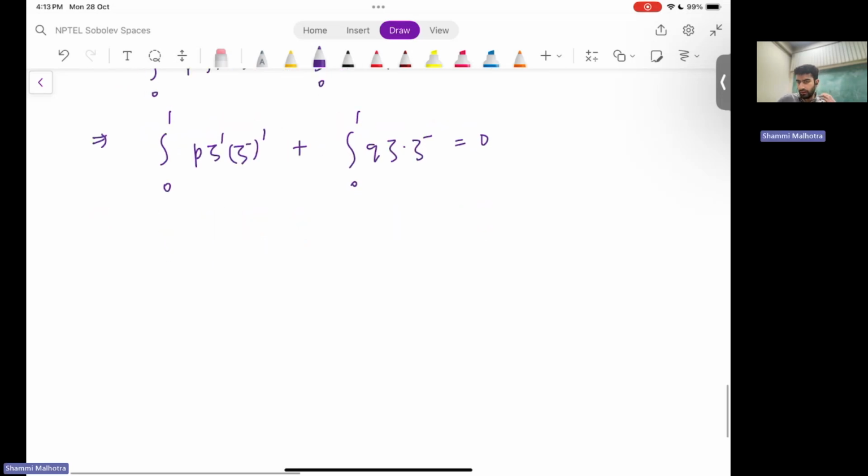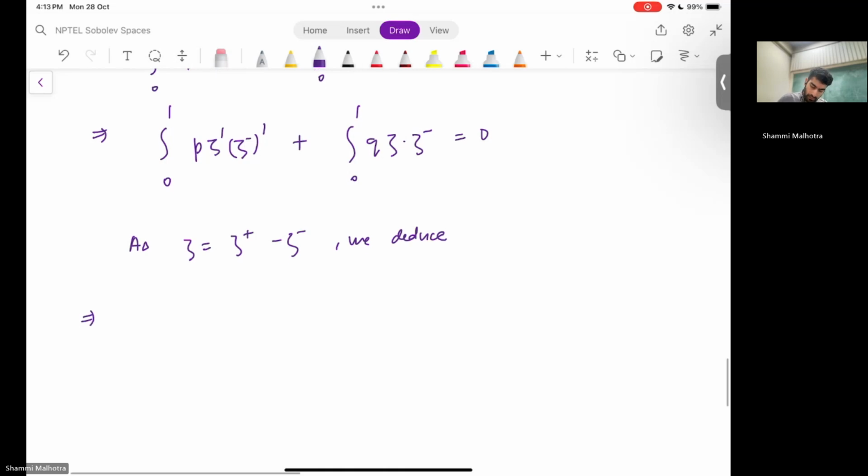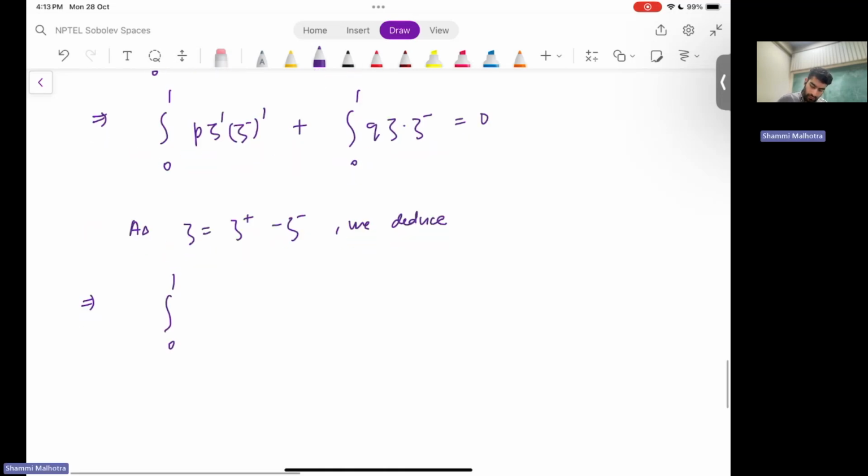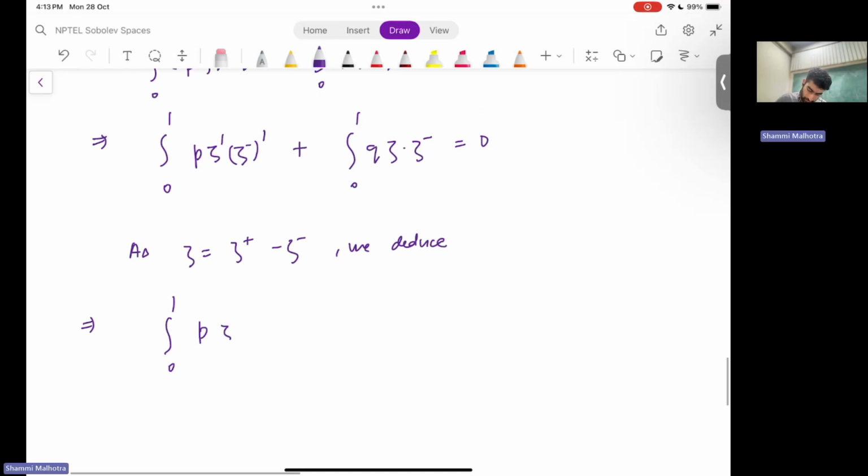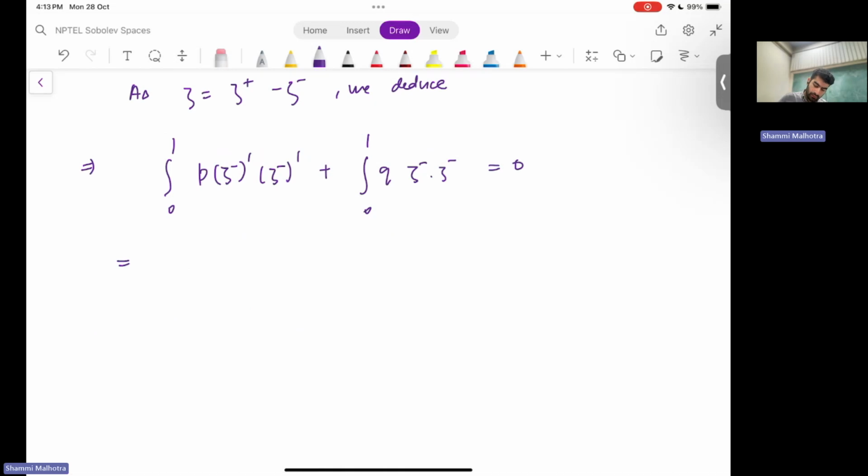And then expanding zeta as zeta plus minus zeta minus, what we reduce to is minus integration 0 to 1 of p times (zeta minus) dash squared, minus integration 0 to 1 of q times zeta minus into zeta minus, equal to 0. And then this is nothing but a of zeta minus and zeta minus equal to 0.